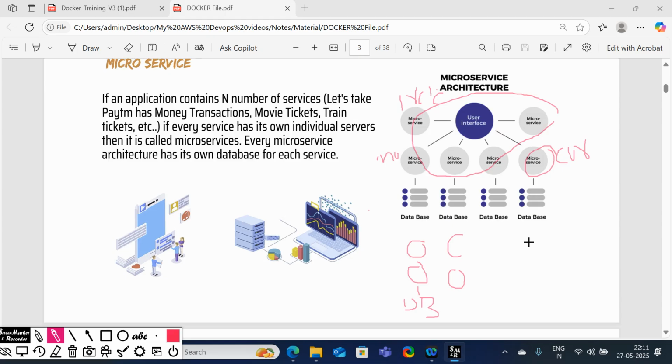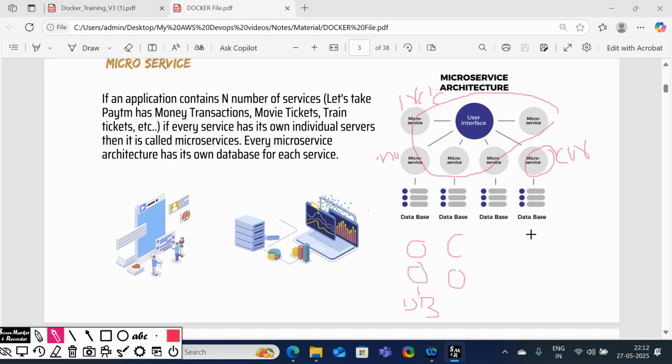Meaning for each service I am going to create one server, and each server has an individual database. If any impact happens to a server, it impacts only that particular service. It is not going to impact the other services running over the same application. This is achieved with the help of the microservices architecture.